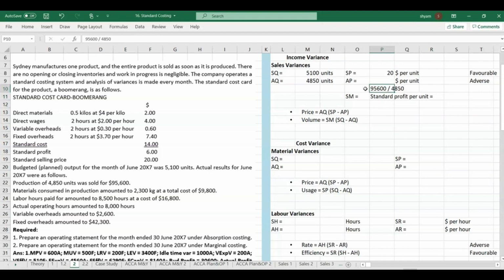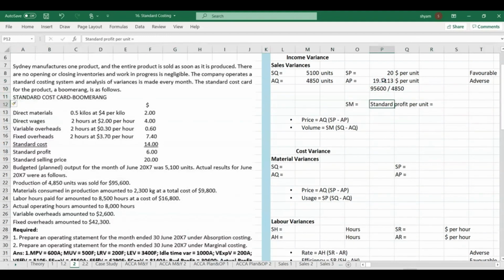If we do this, we will get the actual price per unit, which is 19.71. We also have to find out the standard margin, or standard profit per unit.